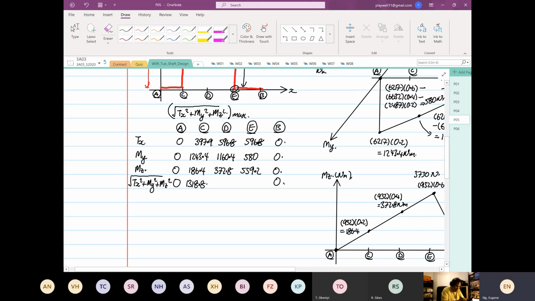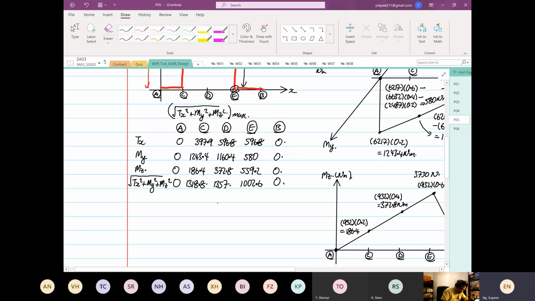Then 596.8 squared plus 1160.4 squared plus 372.8 squared, square root 1357. And then the last one, which we already know will not be the largest value, plus 559.2 squared is equal to 1002.6.